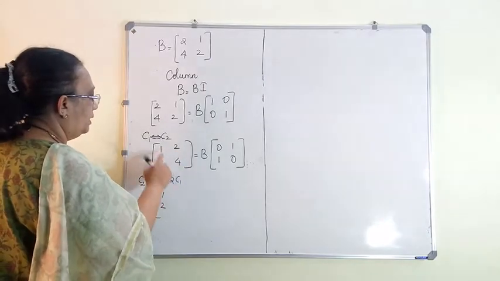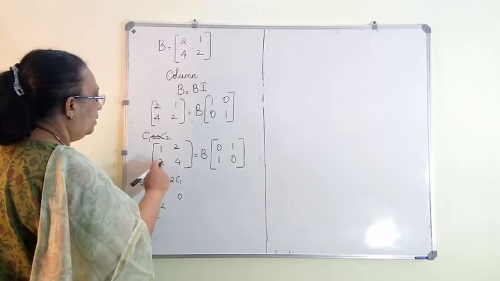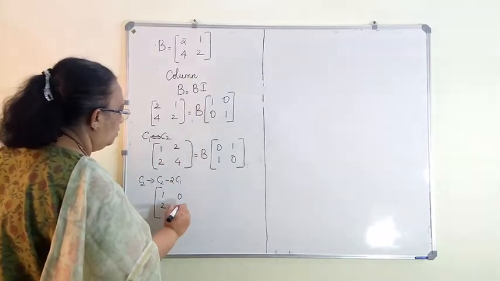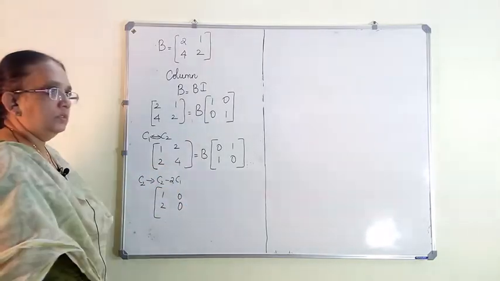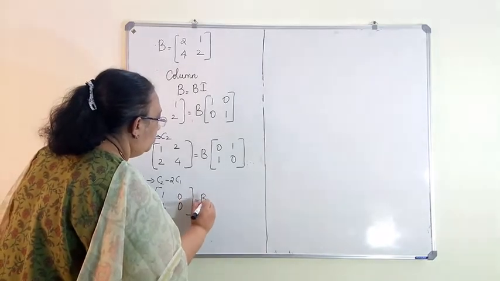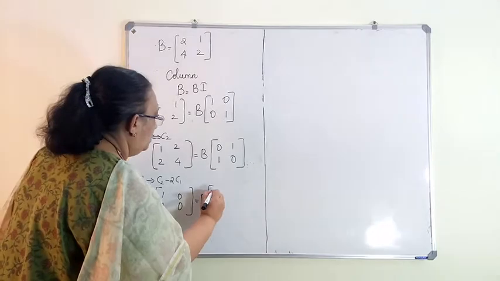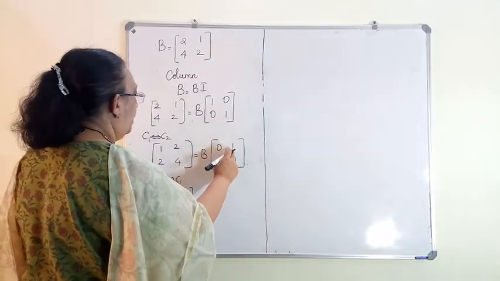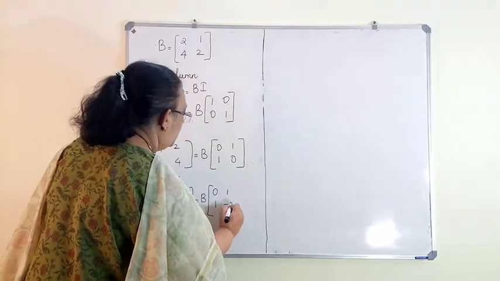So 2 minus 2 is 0. C2: 4 minus 4, this is equal to 0. It's equal to B into first column as such, 0, 1, and C2 minus 2C1: 1 minus 0, 0 minus 2.